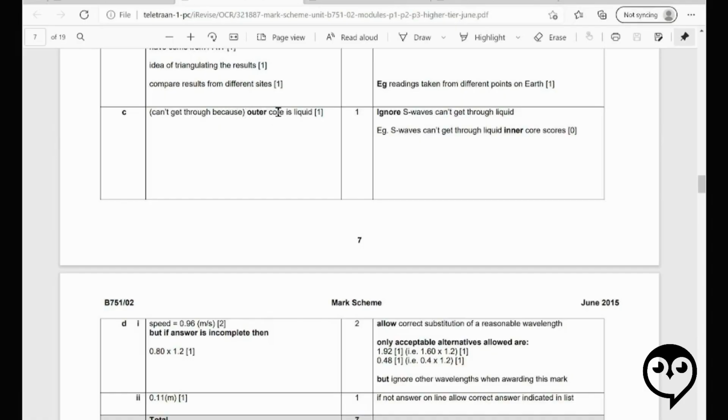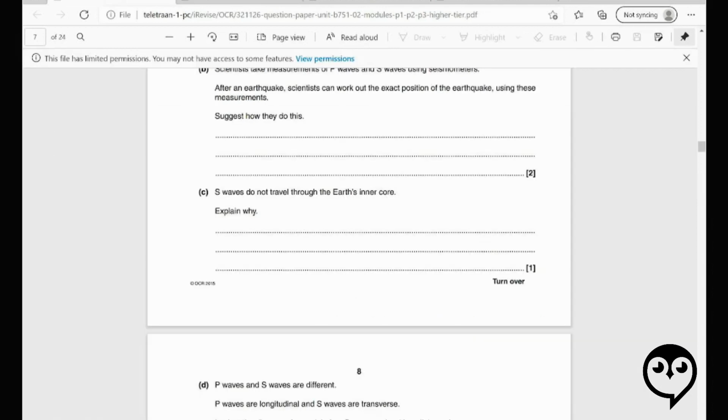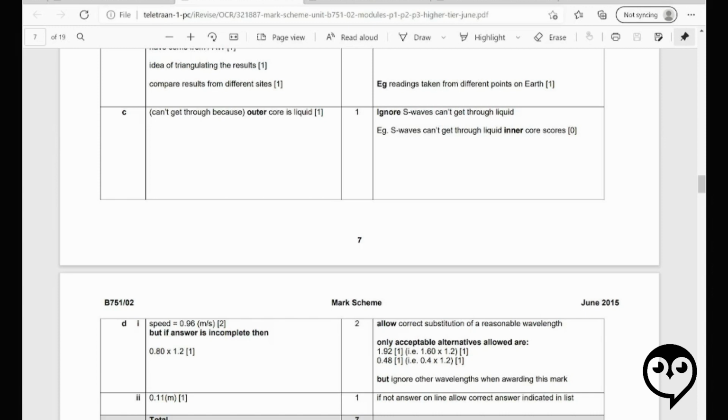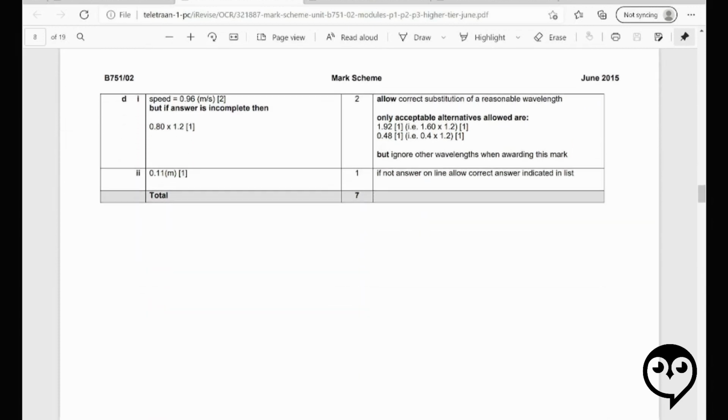Because the outer core is liquid. Ignore: S waves can't get through liquid. Oh, I guess if you say that, you are implying the inner core is liquid. They can't even get to the inner core because the outer core is liquid. Ooh, that's an interesting little twist. Be mindful of that, ladies and gentlemen.